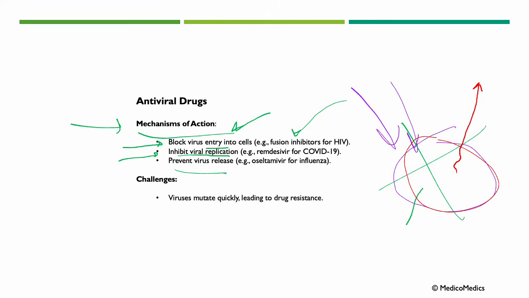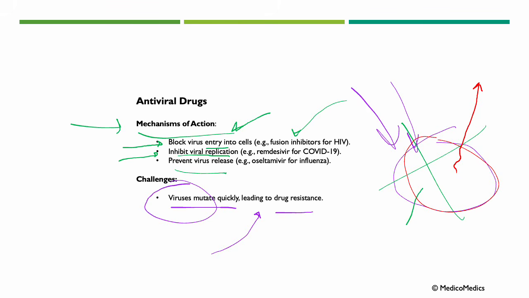Now, the challenge is that viruses mutate quickly, which leads to drug resistance. So research continues to try to stay a step ahead, but it's difficult because these are quite clever. But this is all in all what you need to remember.